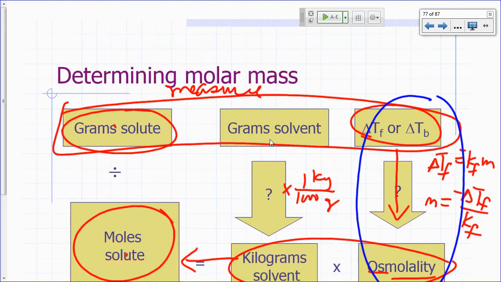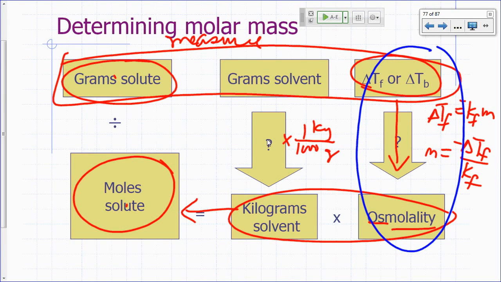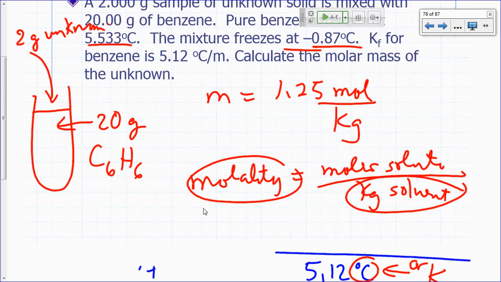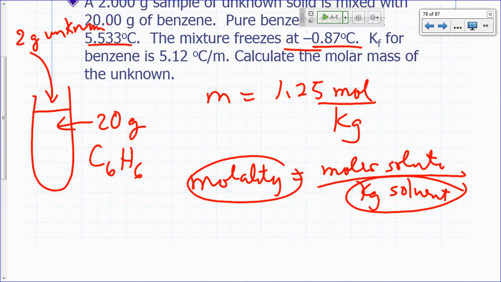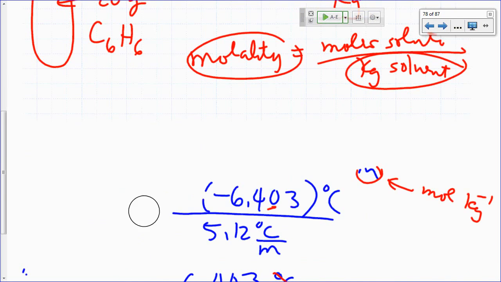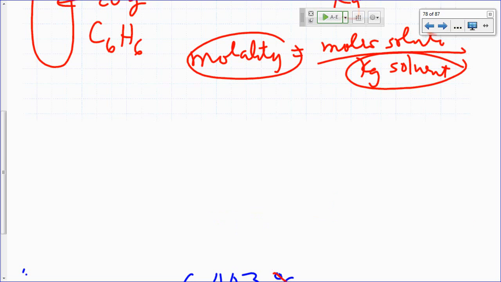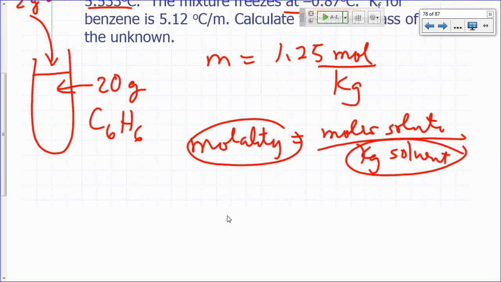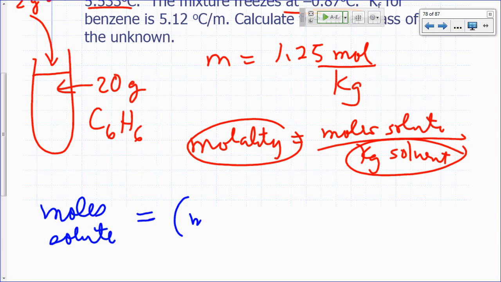Let's go back here. Molality times kilograms of solvent will give you moles of solid. So let's say moles of solid particles is molality times kilograms of solvent.